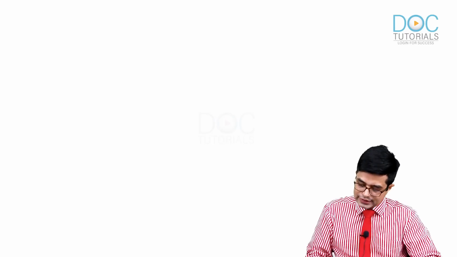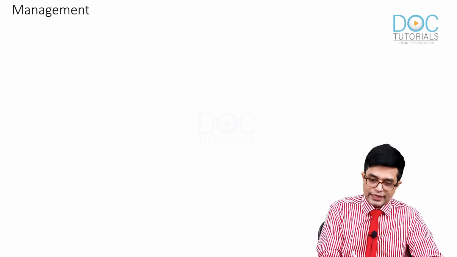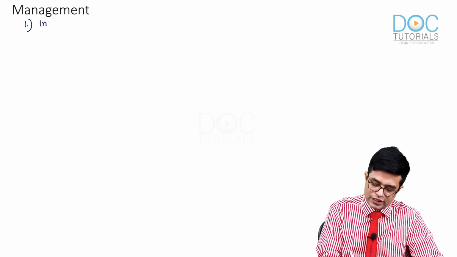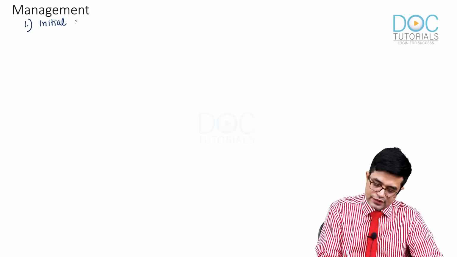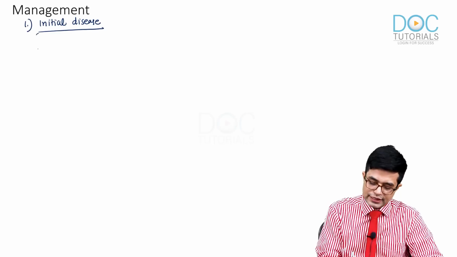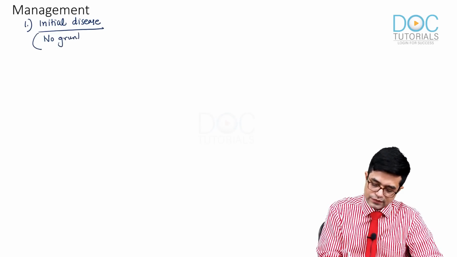So treatment wise, the first thing that we do is the initial part. In initial disease, that is, the patient is just diagnosed or presents initially, there is no grunting and no retractions, right?